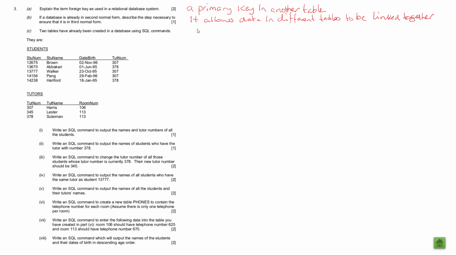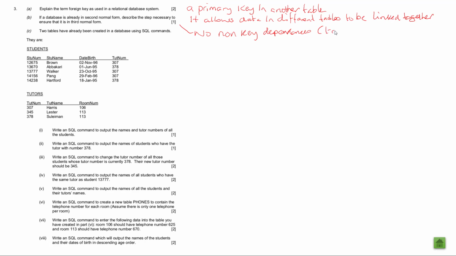Okay. And if a database is already in second normal form, describe the step, one step necessary to ensure that it is in third normal form. Right? No non-key dependencies.